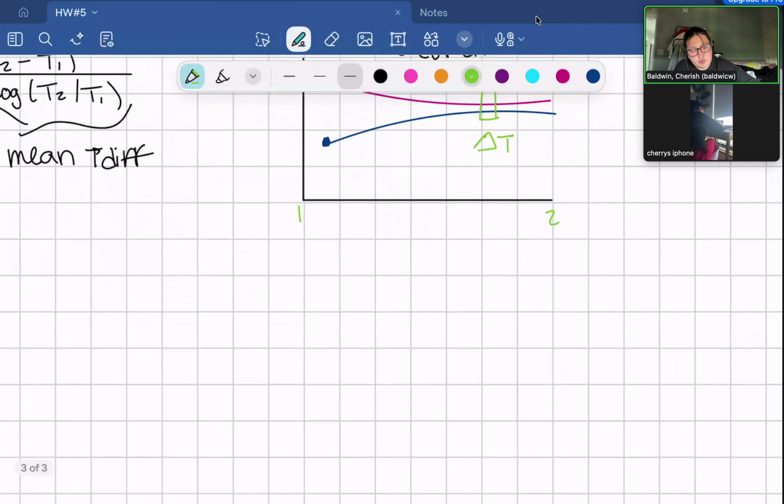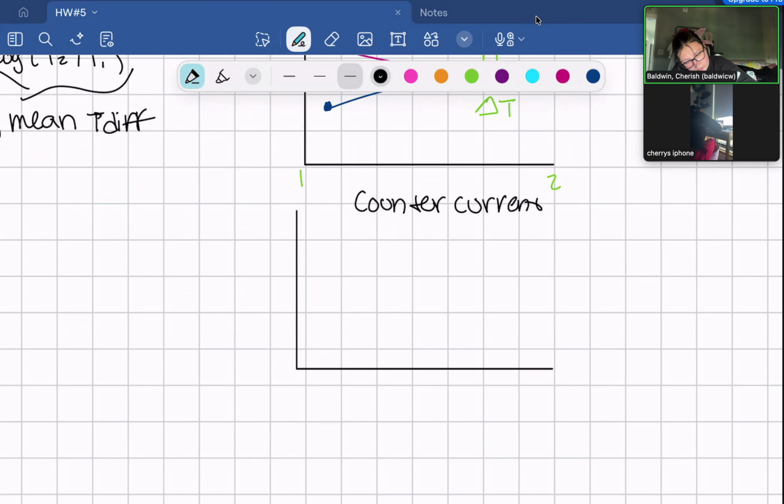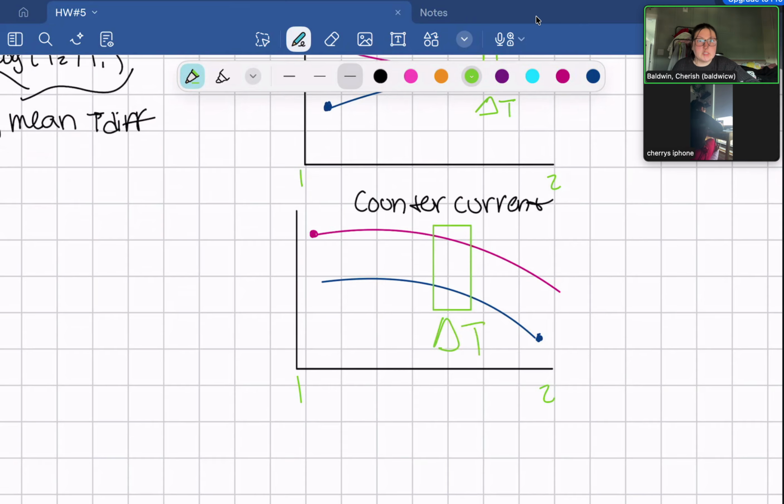The driving force is very small. But for countercurrent, the delta T driving force is very large, so countercurrent is the way to go.